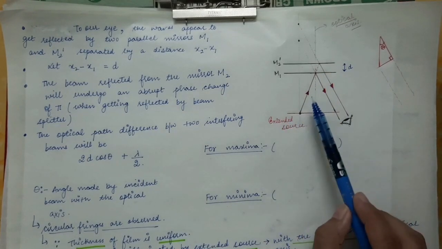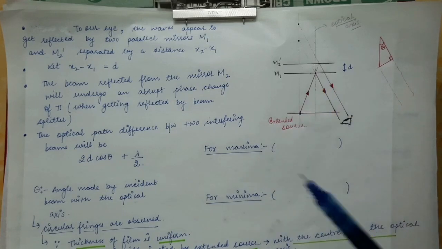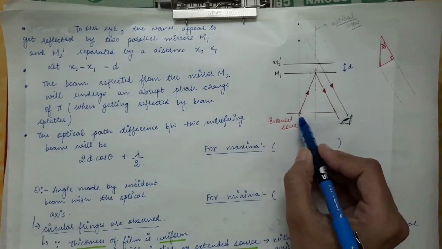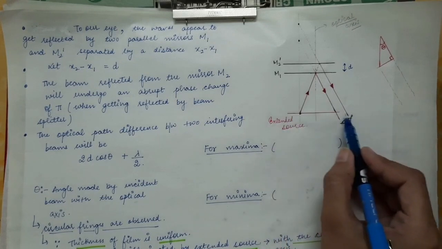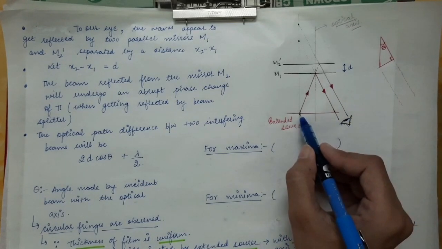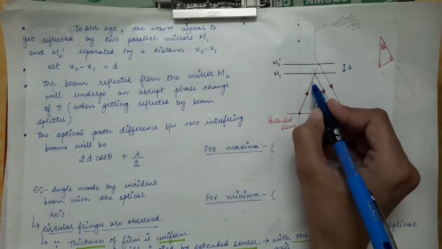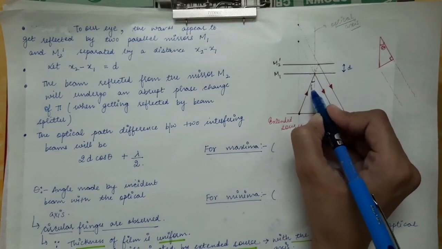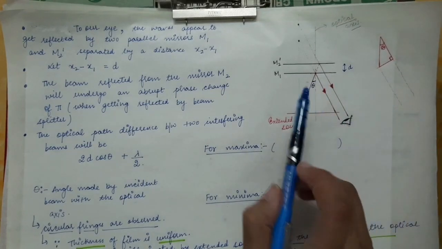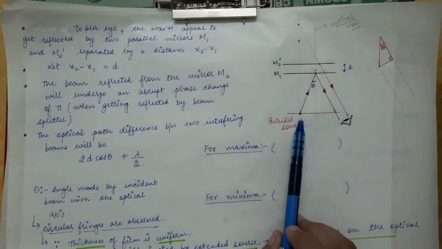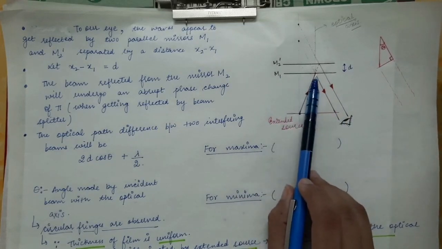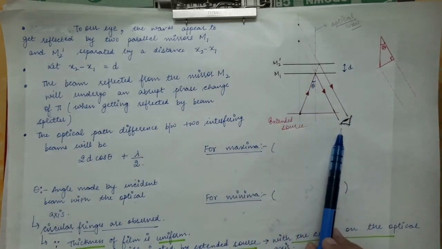So let's say the ray is incident at an angle of theta. This is the point source, and this is a part of the extended source. The light from this source falls at an angle of theta on the mirror M1, and it will get reflected in this direction.